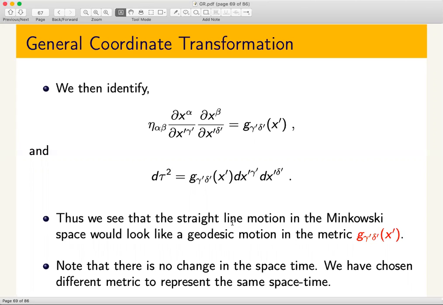The straight line motion that we are looking at in the Minkowski space is actually a straight line motion even in the new coordinate system, even in the new metric, because a free particle is going to propagate along a straight line in the space, no matter what metric you want to put. It is just that in terms of a new metric, the equation may appear complicated. That is the reason why a simple free particle equation looks like a geodesic equation which has a connection piece gamma alpha beta gamma.